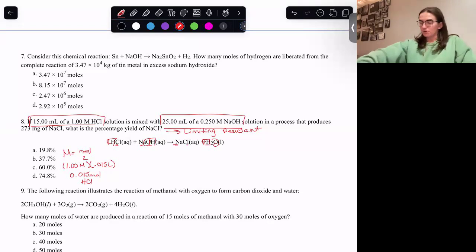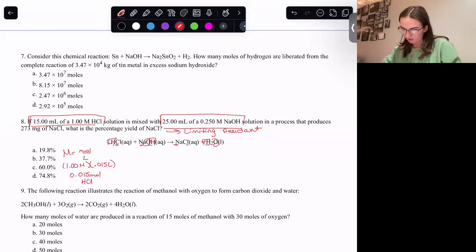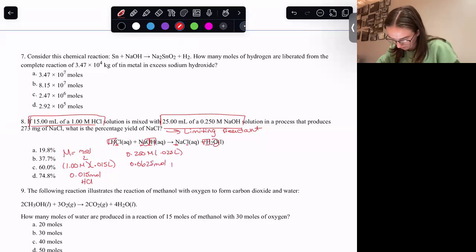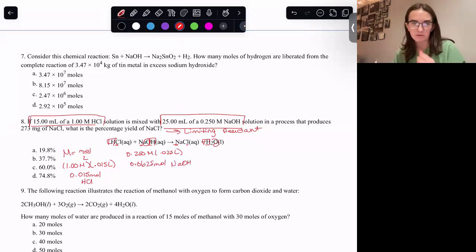So we have 0.015 moles of HCl, and we have to do the same thing for our sodium hydroxide. So we have 0.25 molar times 0.025 liters. So we have 0.00625 moles of NaOH. So which one's our limiting reactant?